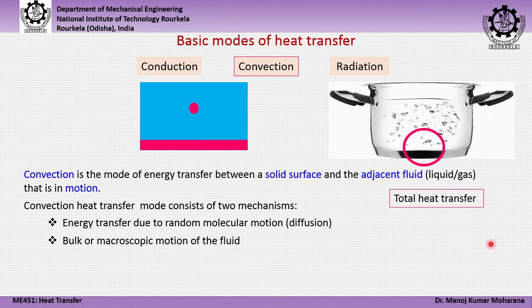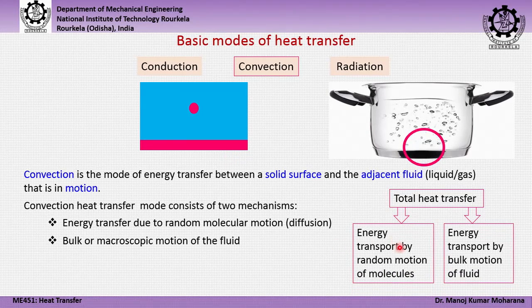So, this total heat transfer that takes place from this hot surface we can consider to be the sum of two modes of heat transfer. First one is energy transport by random motion of these molecules, second one is energy transport by the bulk motion of the fluids, that is movement of the fluids far away from this hot surface. And here we will use two terms, one term is called convection and second term is called advection.